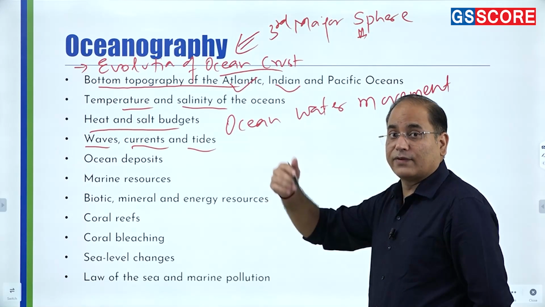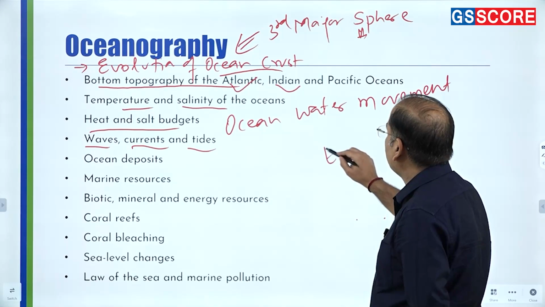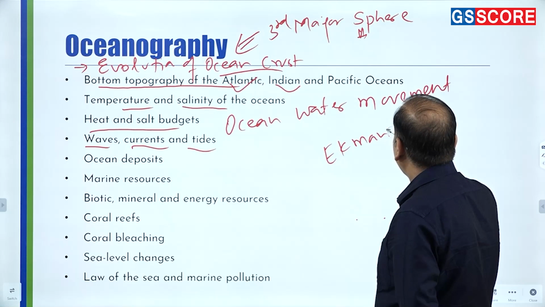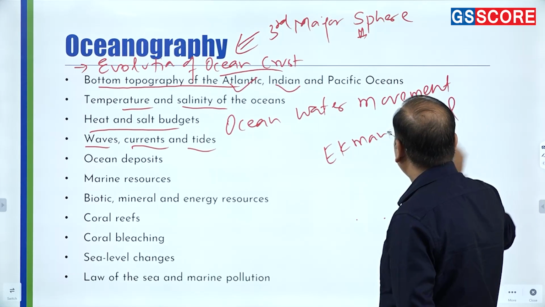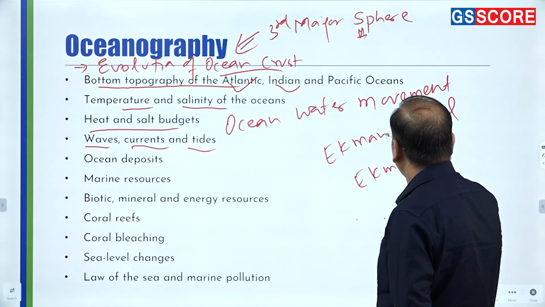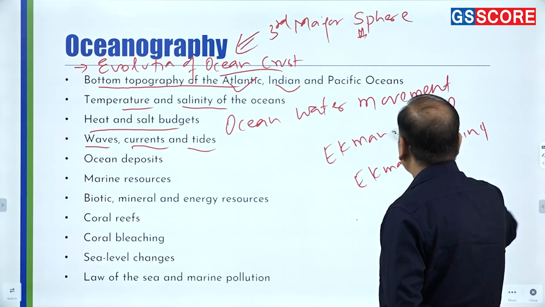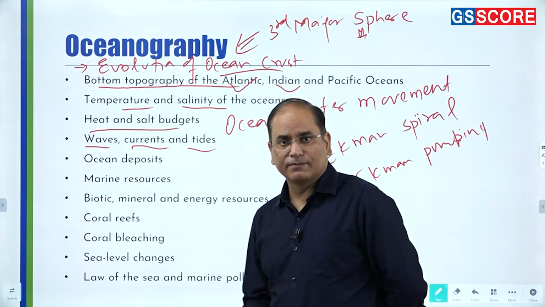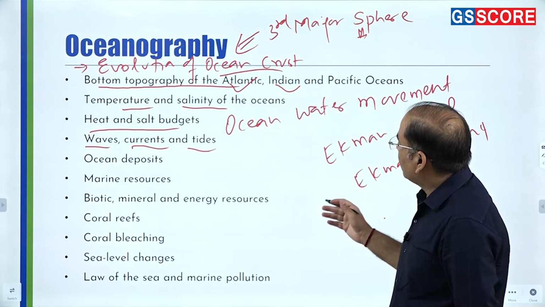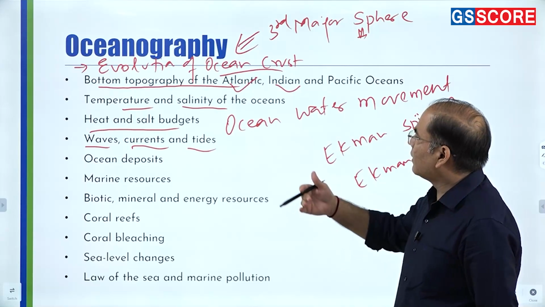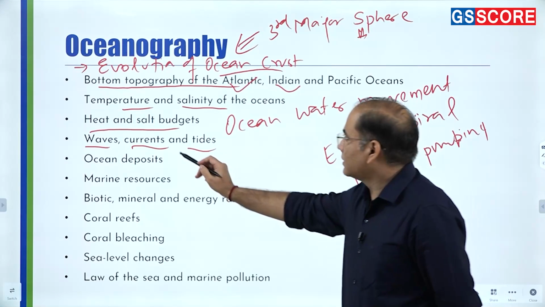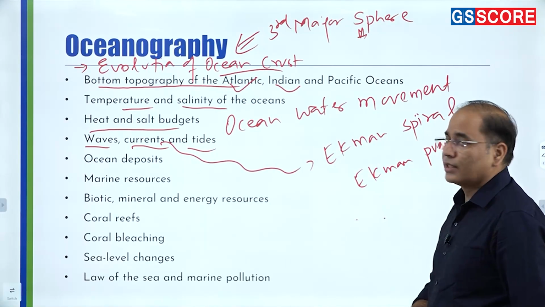We have some other phenomena also, like Ekman spiral, Ekman pumping, geostrophic currents, and western intensification. So there are some related topics that are associated with the ocean current.